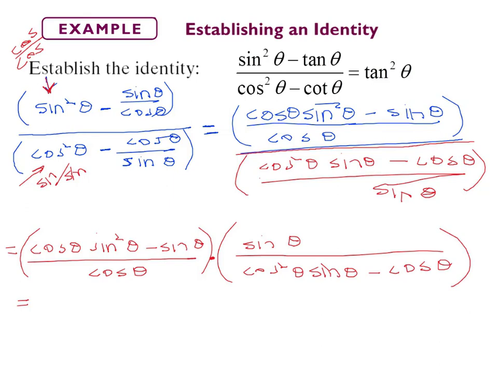The numerator, good. So I have sine theta, and then I have cosine theta, cosine theta, sine theta, minus 1, right?